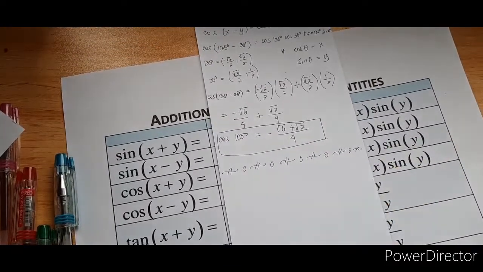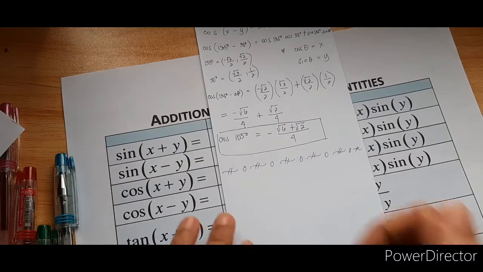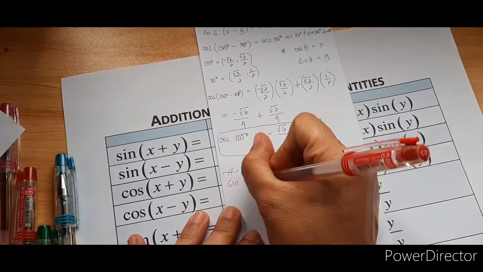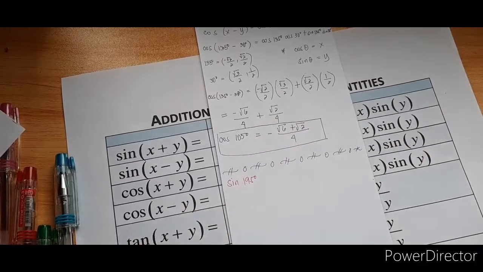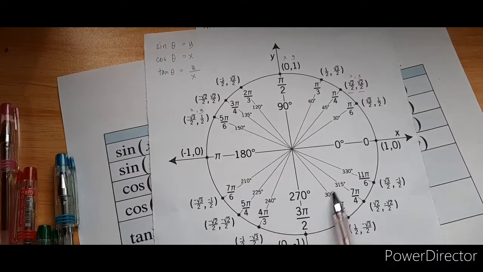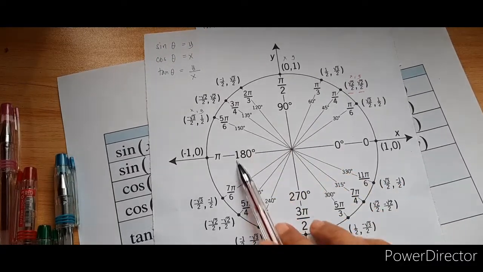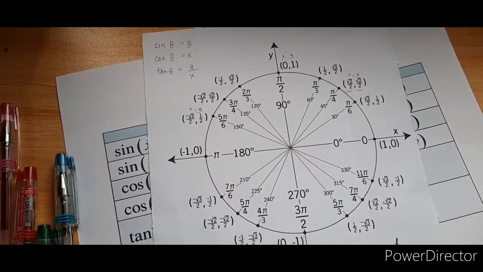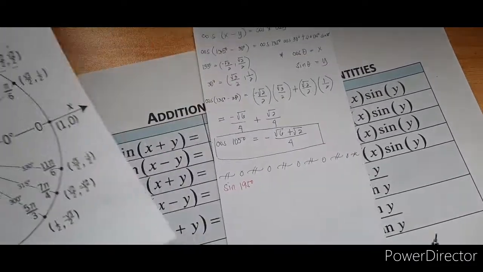So, what if we have to find, ang hahanapin naman natin ngayon ay sine 195 degrees. Okay, so hanapin natin ang sine 195 degrees. May 195 degrees ba tayo dito sa ating unit circle? Wala, di ba? So, paano natin mahahanap yung sine 195 degrees?